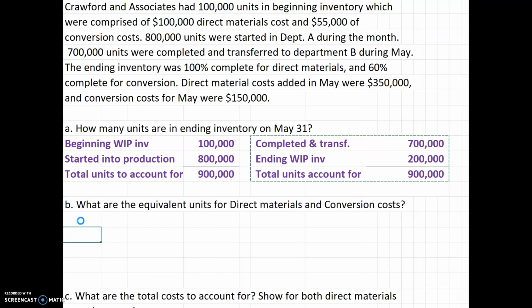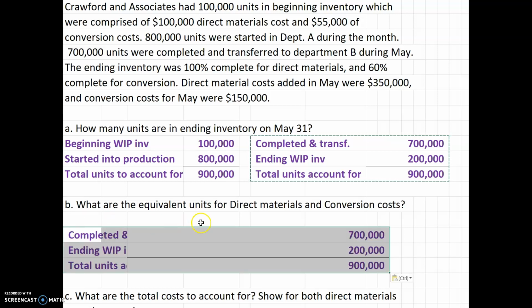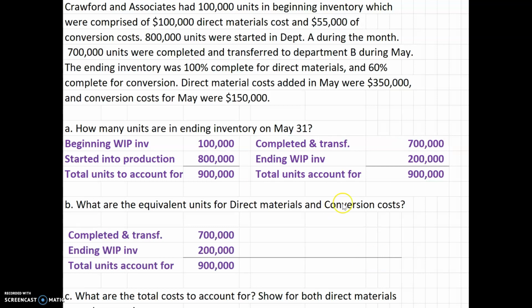Okay, so when we're calculating equivalent units, we're going to do it in 2 categories: direct materials and conversion costs. So, for direct materials, the units that completed and transferred, those are all the way done. So there's 700,000 units for both direct materials and conversion costs.